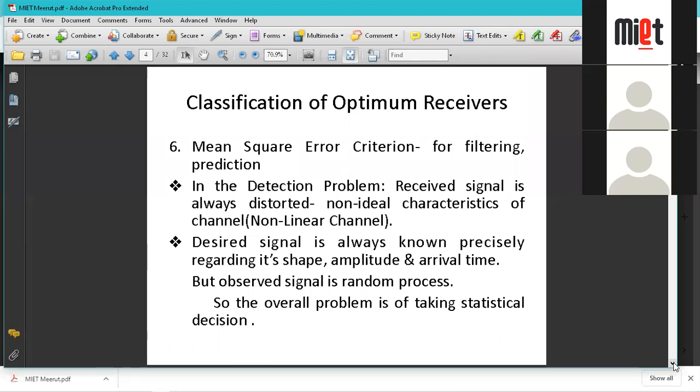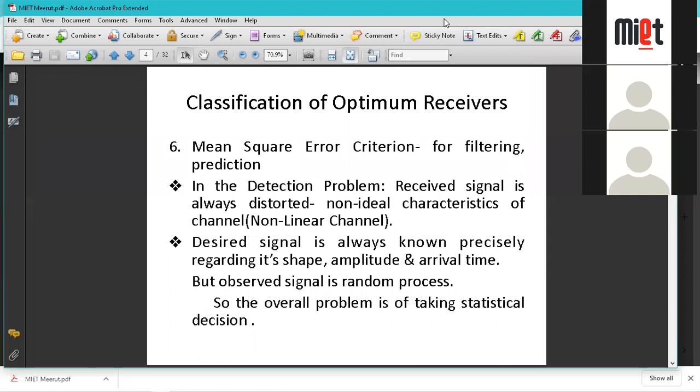Otherwise, the channel will be deterministic or a noise-free channel, a very hypothetical channel. So if there is a signal distortion, it means the channel will have non-linear, non-ideal characteristics.